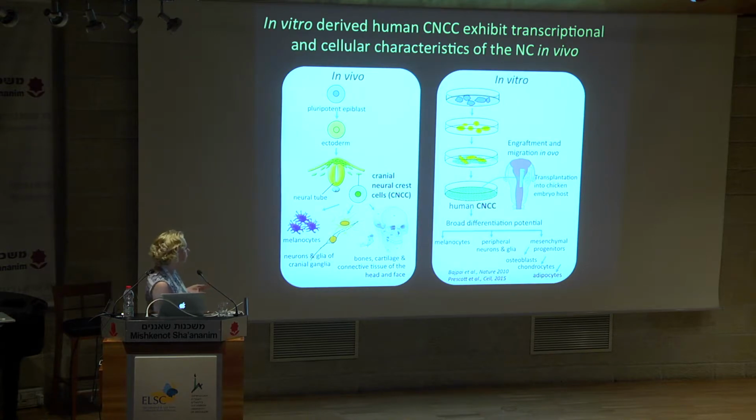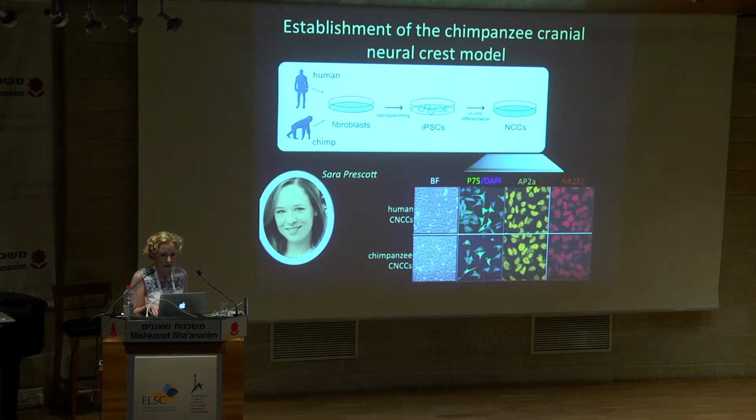For example, we can transplant these cells into the chick embryo, and they will migrate, assuming correct positional identities, and they also retain this very broad differentiation potential characteristic of the crest.